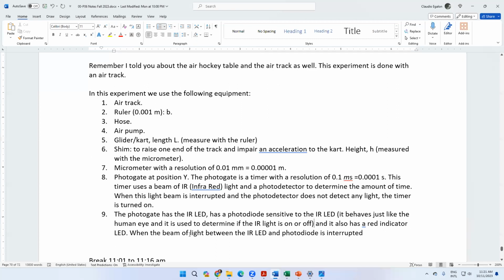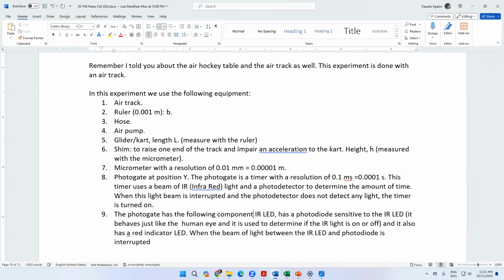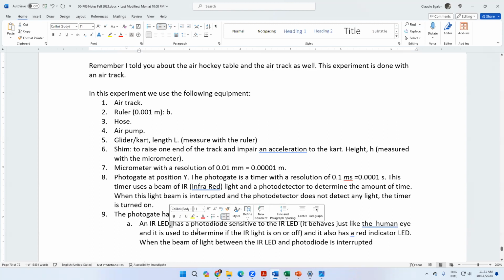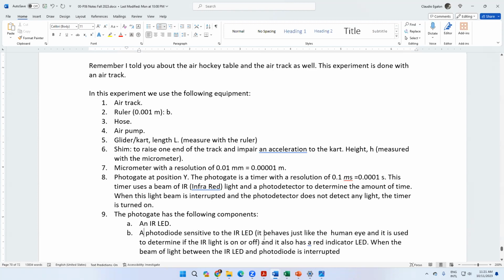So the photo gate has the following components. One, an infrared LED. Two, a photodiode sensitive to the infrared LED. The photodiode behaves just like the human eye and is used to determine if the infrared light is on or off.